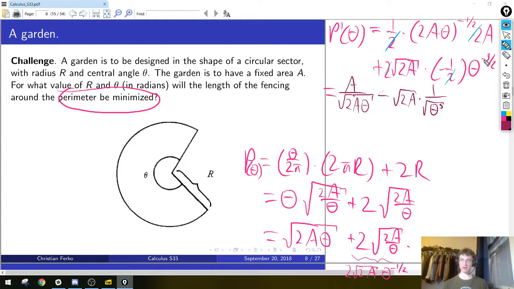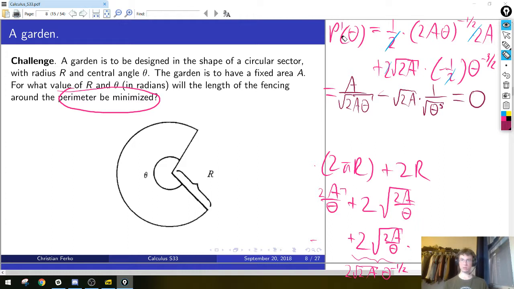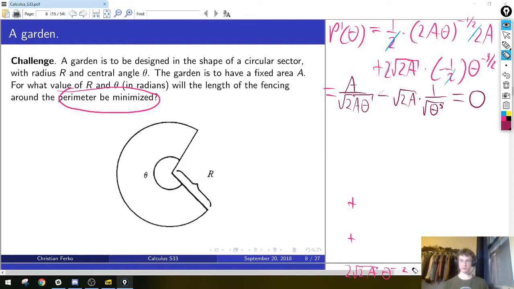So this thing equals 0 is the idea. I'll erase this to make some more room. If we solve for the place where p prime of theta, the derivative, equals 0, what angle theta will I get? Or what first step should I do to find that angle theta?